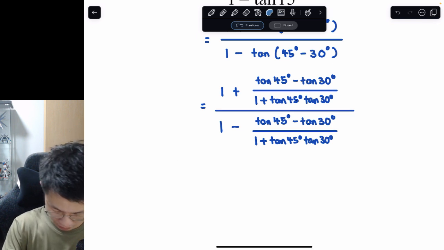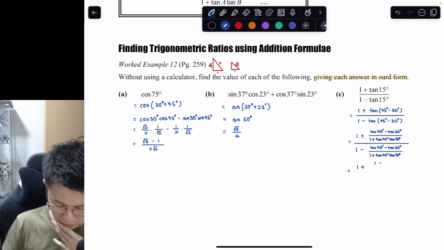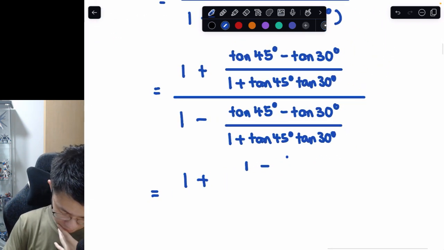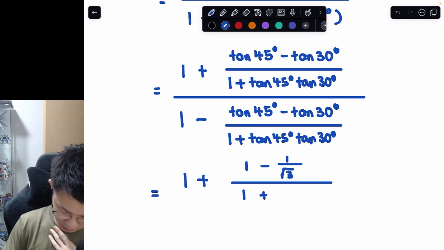Let's replace all the values that we know. So this will be 1 plus tangent 45 over 1 minus tangent 30. If you look at tangent 30, tangent 30 is 1 over square root 3. So at the bottom, we will have 1 plus 1 times 1 over square root 3.